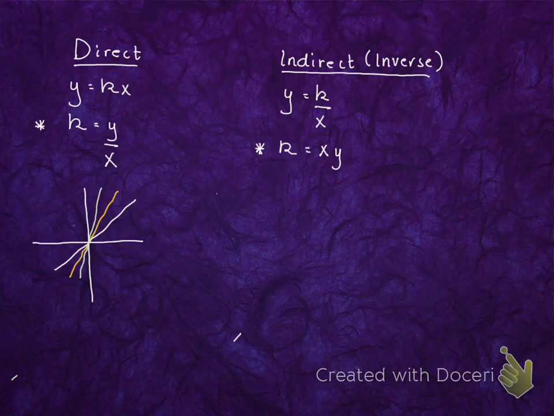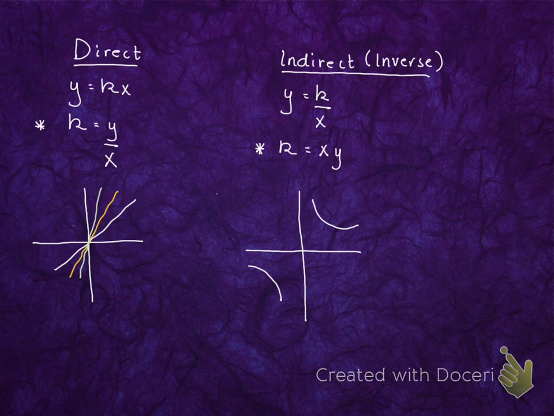And an inverse or indirect variation equation, when it's graphed, looks something like that, okay? So, obviously not linear.